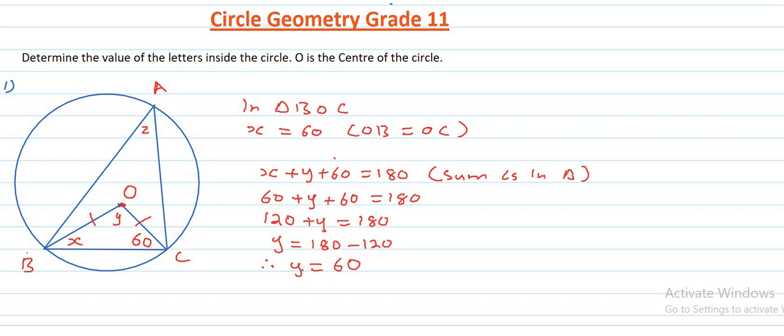Since we got the value of Y, angle BOC is subtended by chord BC, and angle BAC is subtended by the same chord BC. So angle Y will be twice angle Z. What is the reason? Angle at the center is equal to twice angle at the circumference.